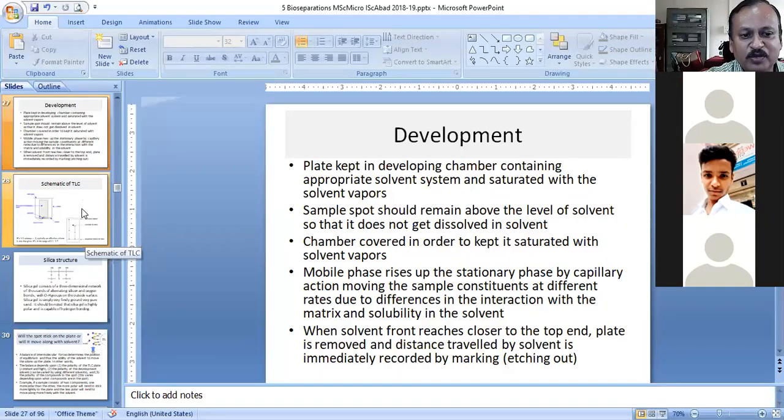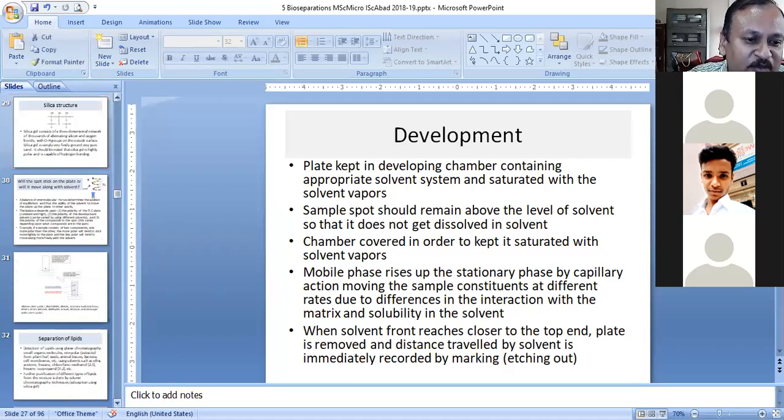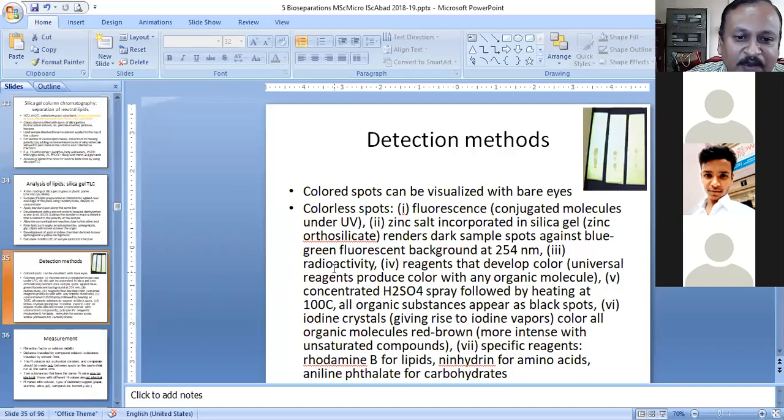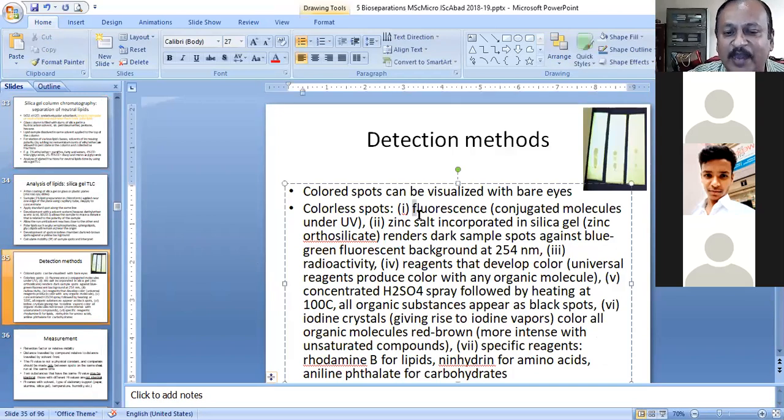After that, what you do? After that, you may require to identify the spots, and then if your samples are not colored, then you would need some coloring reagent, and therefore what we usually do is we can use fluorescent based molecules, okay, and then observe it under the UV.